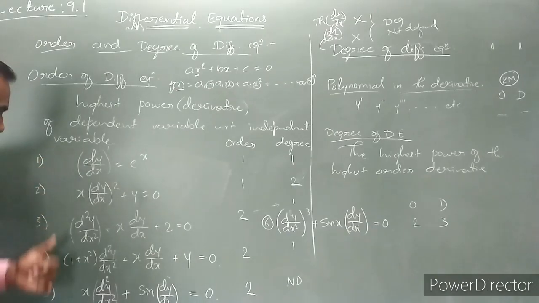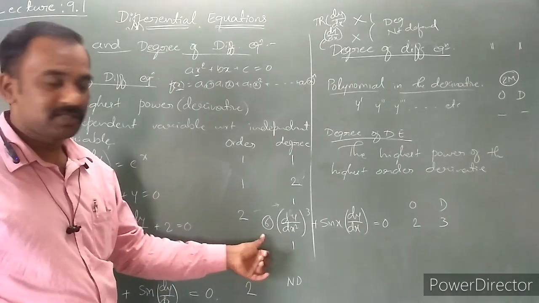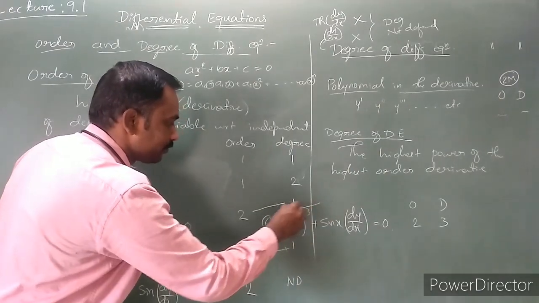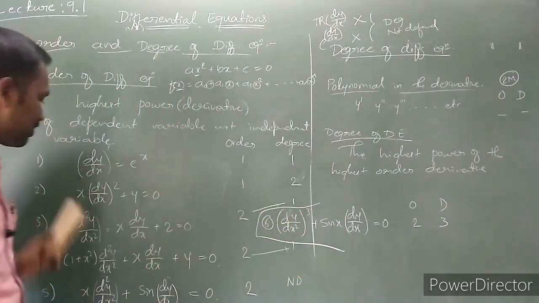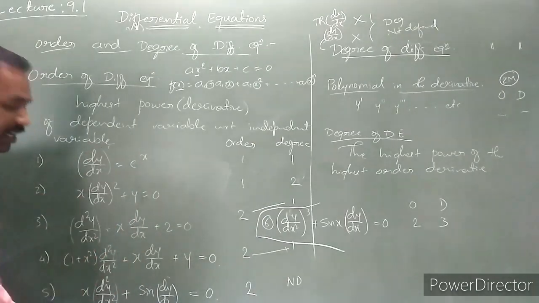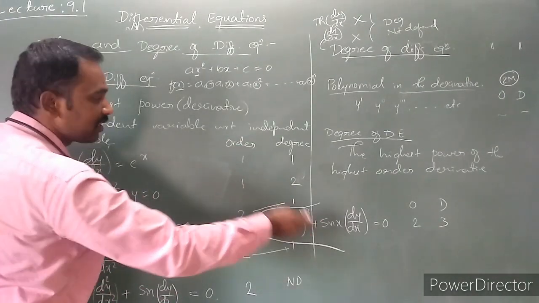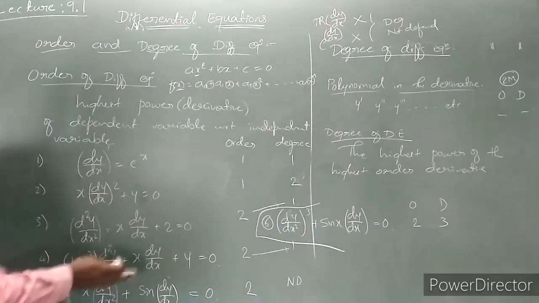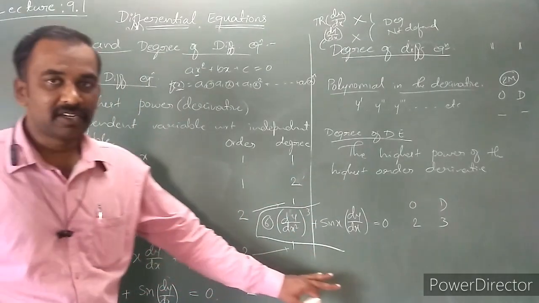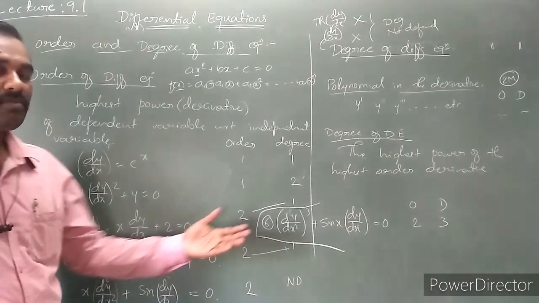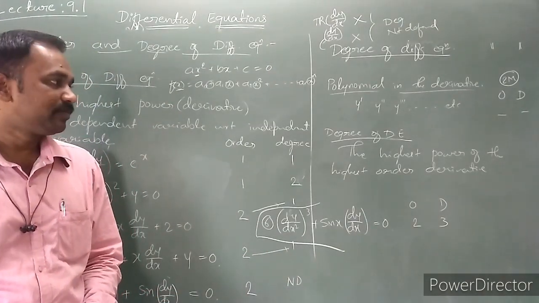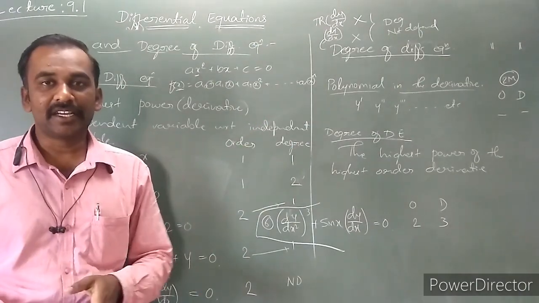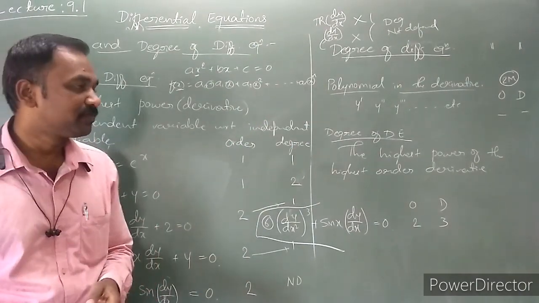Before that, let us note down these 6 examples on one side, and at the right hand side of the same page write the order and the degree, so that we can compare simultaneously. We can easily write it. Now, let us begin the exercise to write the order and degree of the differential equation.